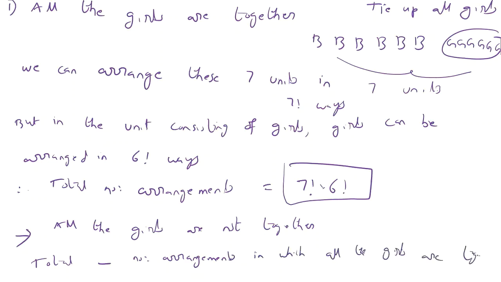So this implies we have 12 factorial minus 7 factorial times 6 factorial.